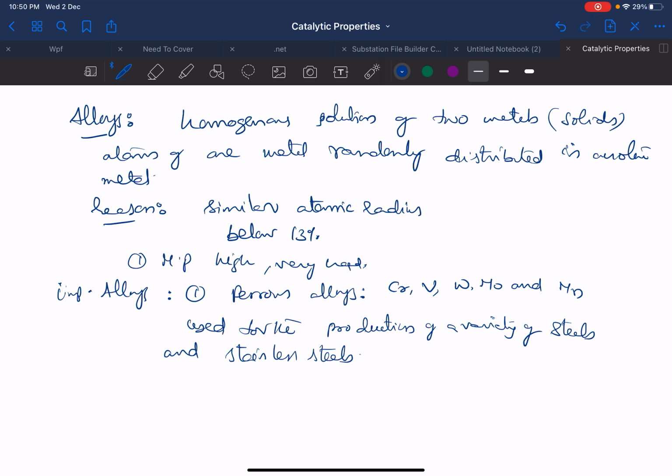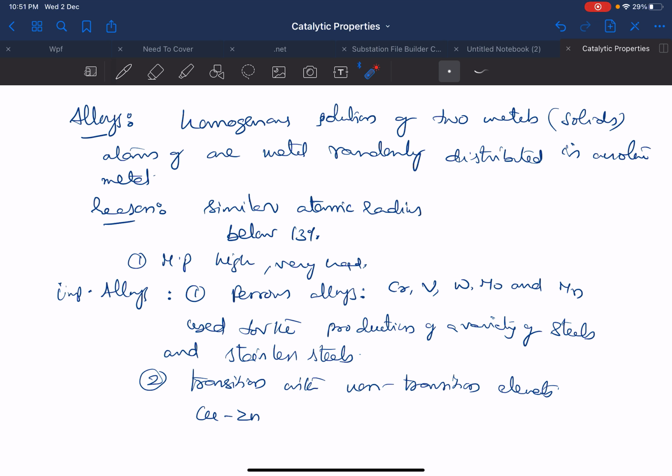The next alloys are the alloys of transition elements with non-transition elements. Here we discussed the iron alloys, which consist of all transition elements. Another type is transition element with non-transition elements. What are those? Copper and zinc. Copper is a transition element, whereas zinc is a non-transition element. You may doubt that zinc is also a 3d series element.